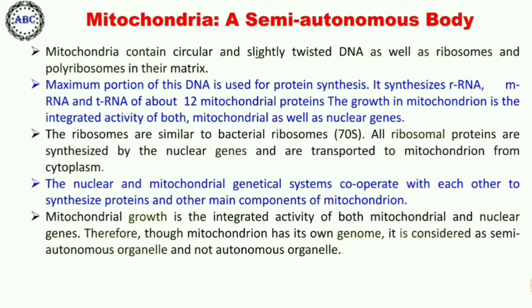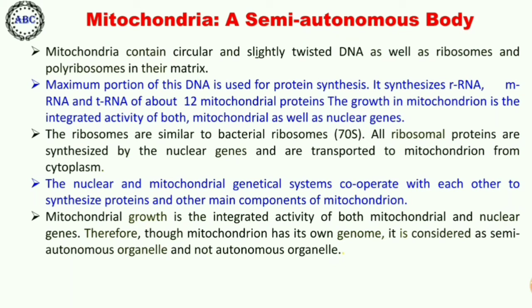The growth of the mitochondrion is the integrated activity of both mitochondrial as well as nuclear genes. The ribosomes are similar to bacterial ribosomes, that is, of 70S. All ribosomal proteins are synthesized by the nuclear genes and are transported to the mitochondrion from the cytoplasm.